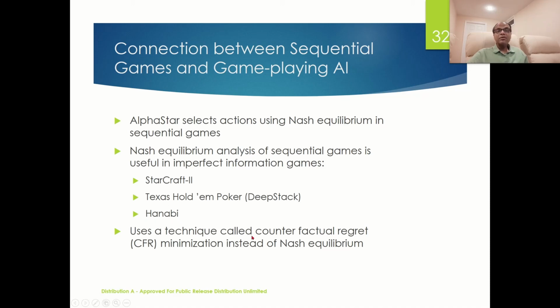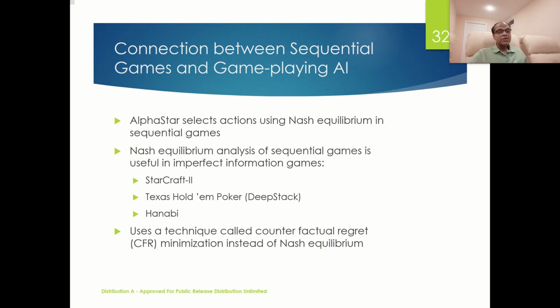So now there's a lot of research activity. This is basically the cutting edge of game playing research, which is how to come up with AI algorithms that can play imperfect information games. And my research group at NRL works exactly in this area, how to use reinforcement learning along with game theory to solve imperfect information games.